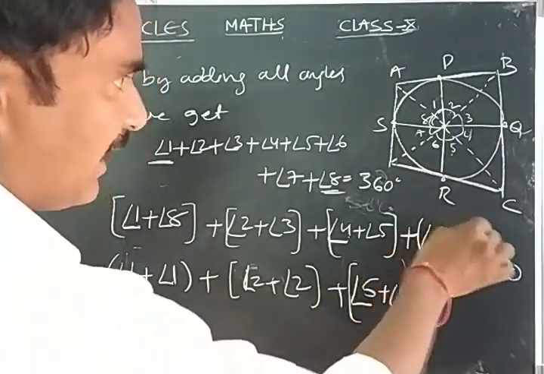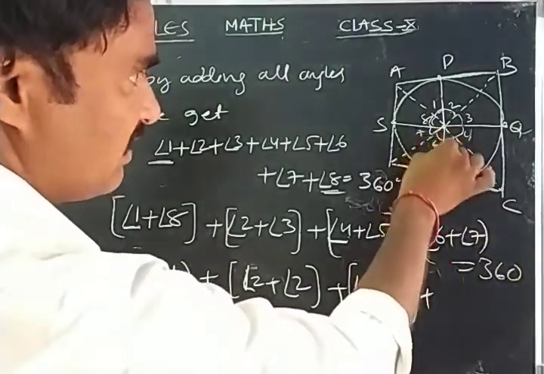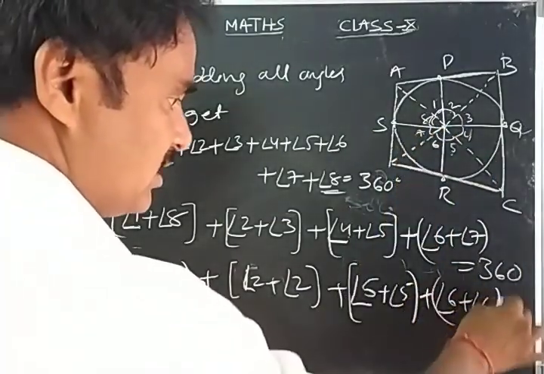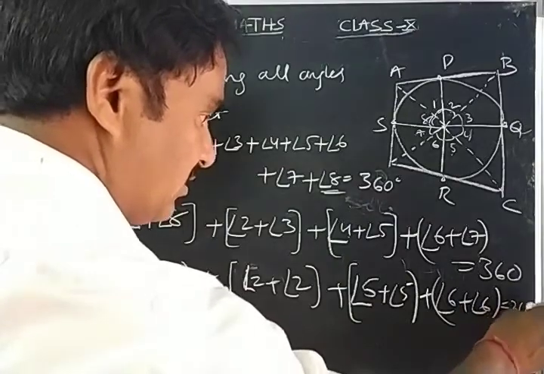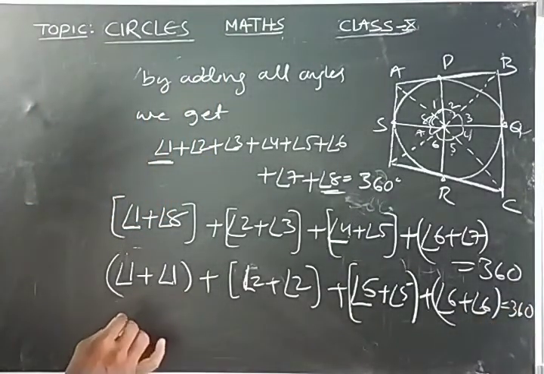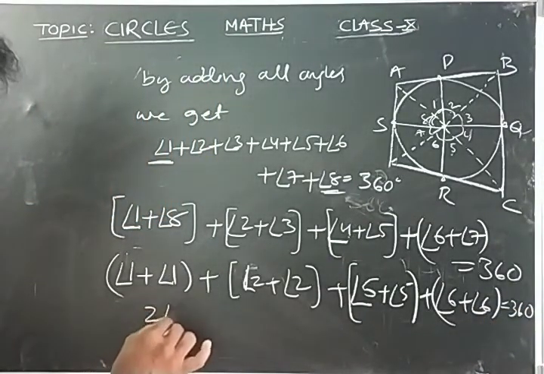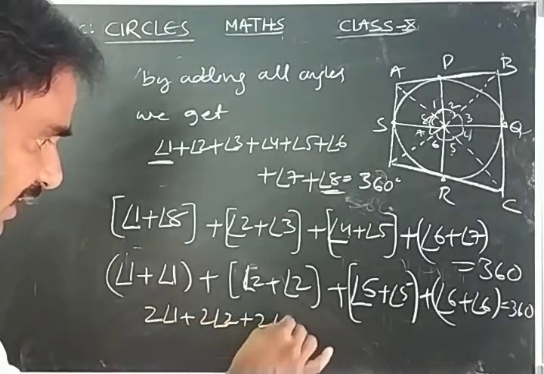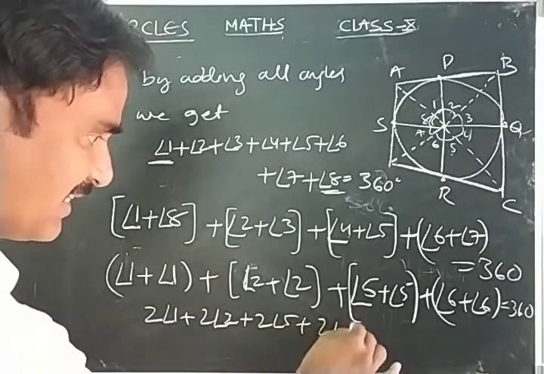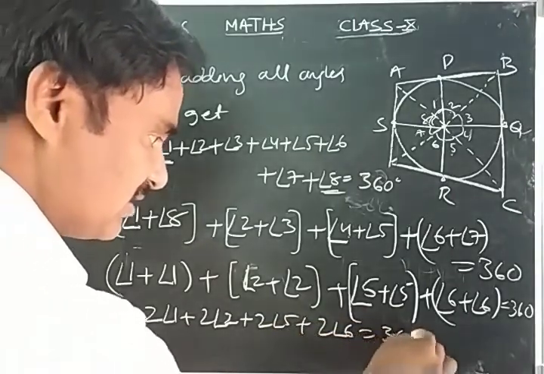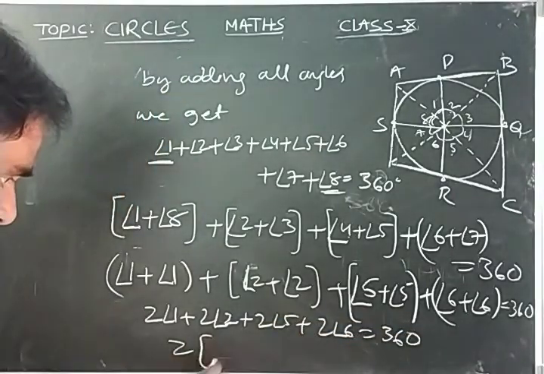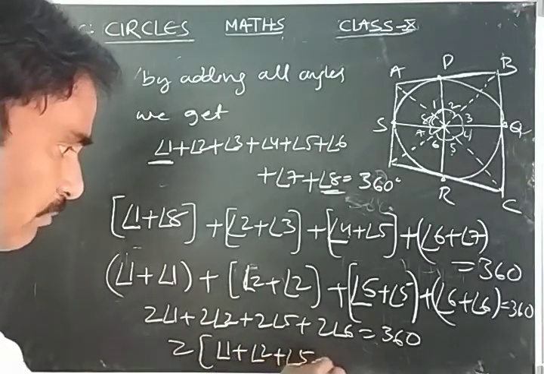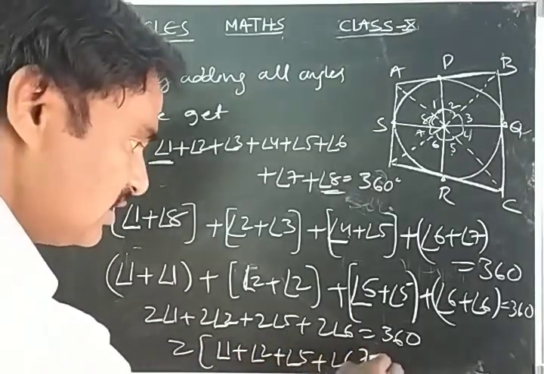Now in place of angle 7, I will replace by angle 6, because these two are equal. Angle 6 plus angle 6 is equal to 360 degrees again. So 2 of angle 1 plus 2 of angle 2 plus 2 of angle 5 plus 2 of angle 6 is equal to 360 degrees. By taking 2 common, you will get angle 1 plus angle 2 plus angle 5 plus angle 6 is equal to 360 degrees.